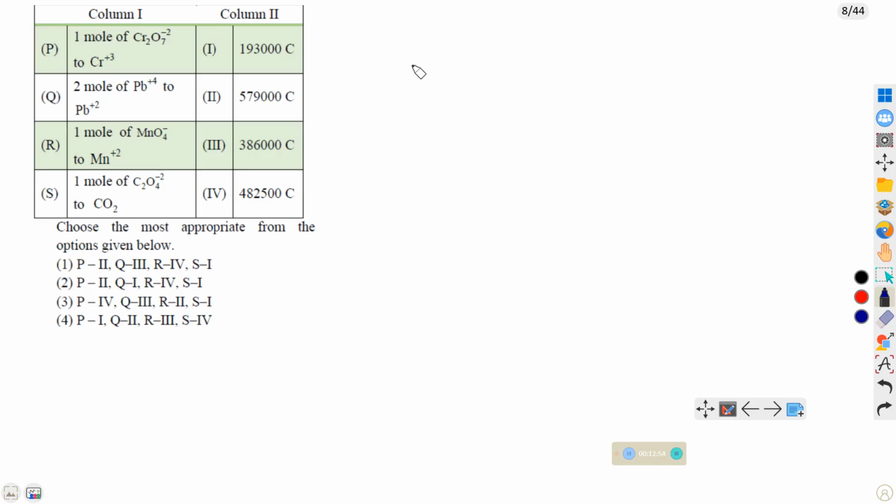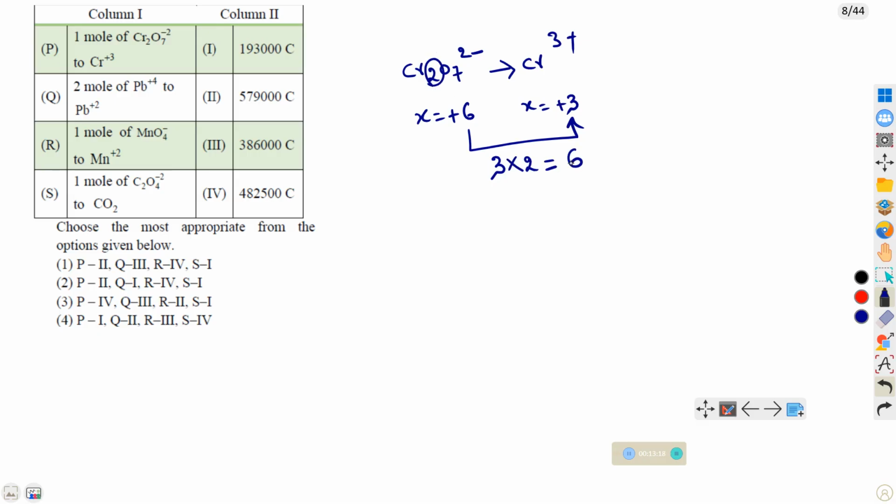Match the following: 1 mole of Cr2O7 2 minus converted to Cr3 plus. Calculate oxidation state: X is equals to plus 6, X is equals to plus 3, oxidation number difference is 3. What is the N factor value? 2 chromium atoms are there, 3 into 2, 6.